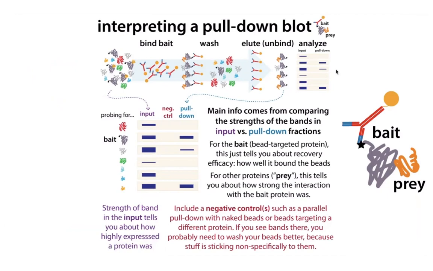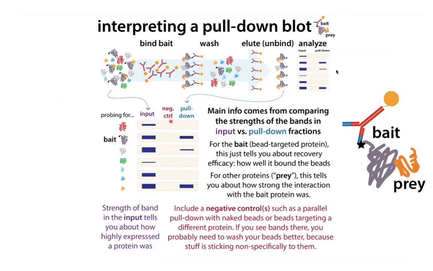Or if there was a lot of one protein in the input, and you see a little bit of it pulled down, that's a lot less significant than if there's a tiny bit of it in your input, and all of that is still in your pull down. So the input is important to compare how much was there to start with versus how much actually gets pulled down.